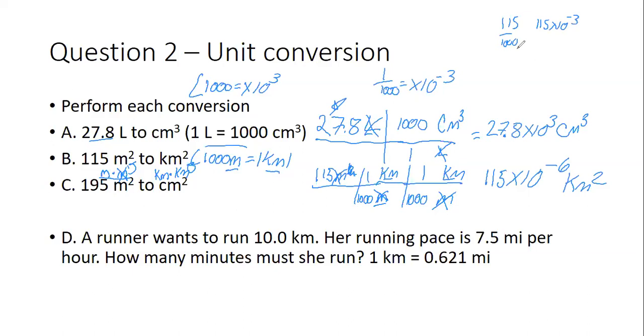It's just a quick way to deal with thousands. So if I do 115 divided by 1,000 times 1,000, then you just do that minus 3 twice, and it's 115 times 10 to the minus 6. Or like I said, just put it in your calculator if that's easier. Either way.